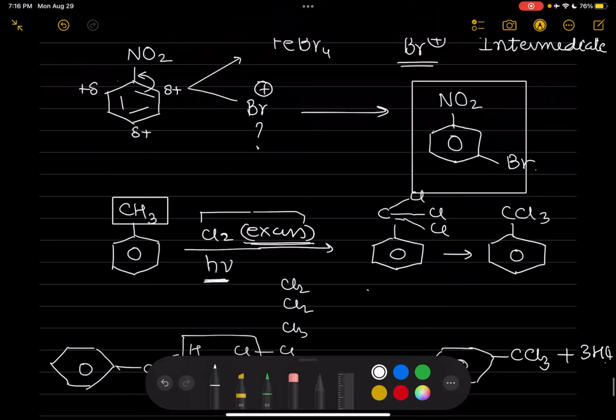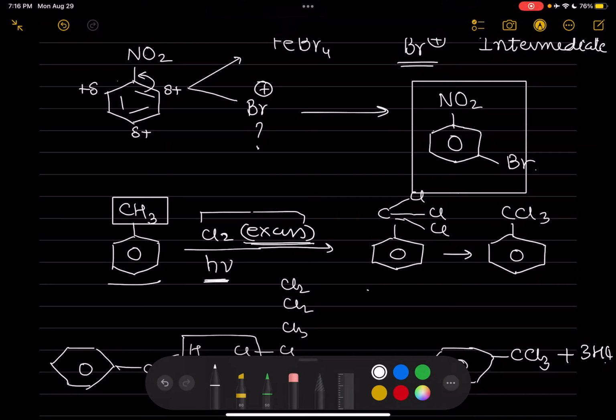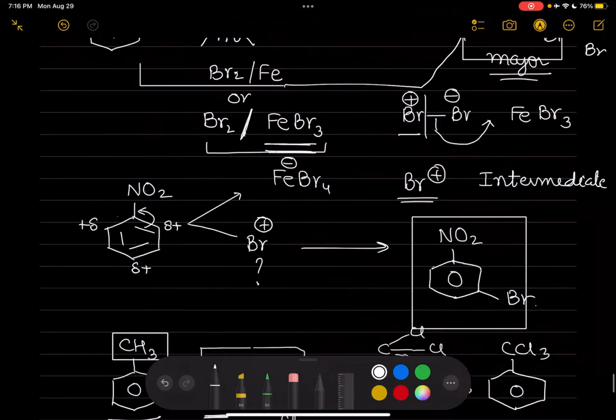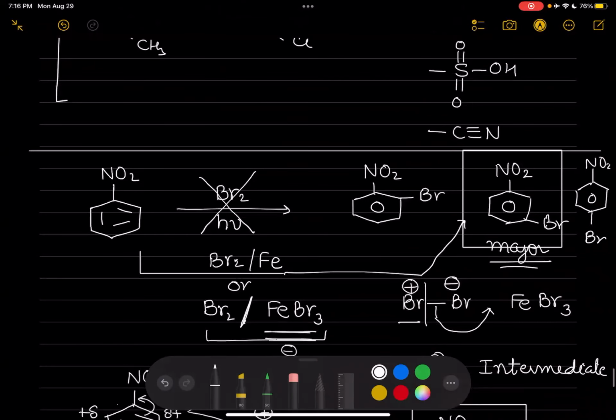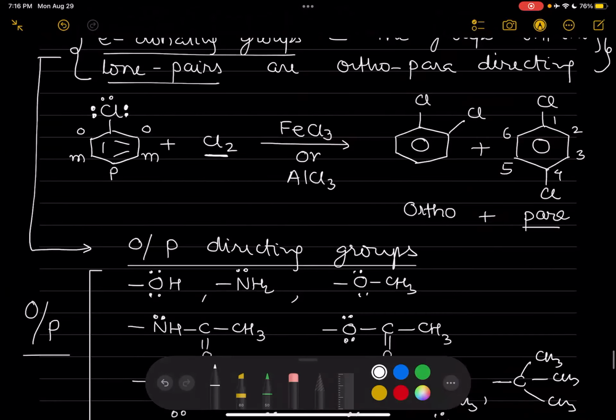So earlier, remember when we were doing the chlorination, the aromatic substitution of the benzene ring, methyl was ortho-para directing. So the Cl atoms were connecting at the ortho and para positions.